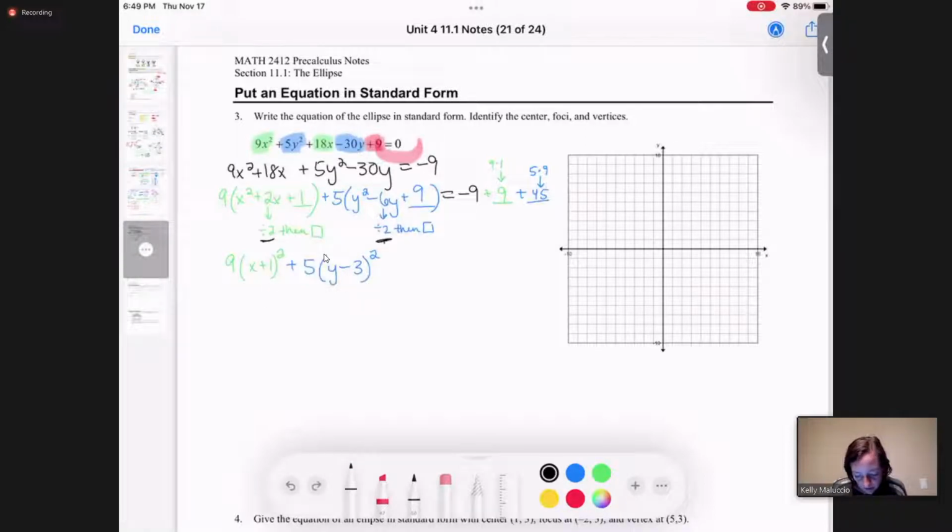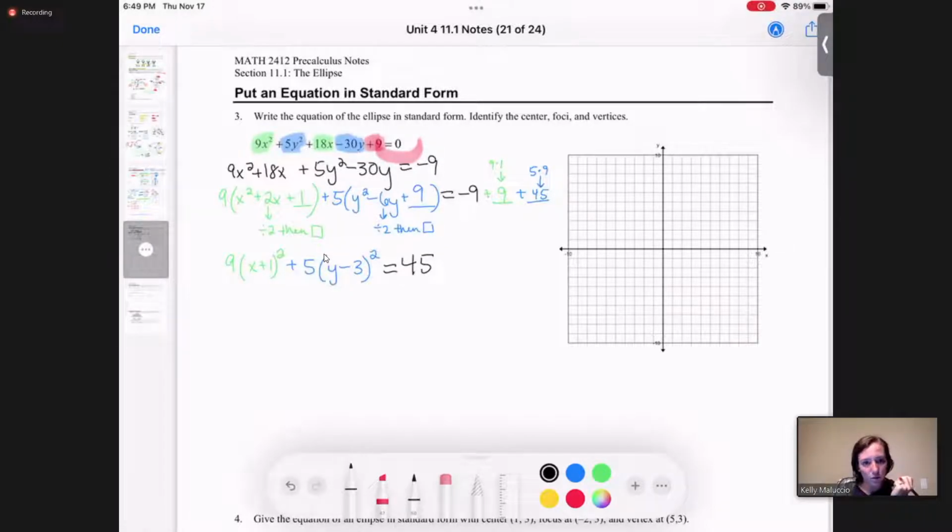It does work out that way, but you could also just factor. You could look at what you got here and factor it. It's x plus 1 squared. What you got here, it's y minus 3 squared, right? And then we have equals -9 plus 9 is nothing, and then plus 45 is 45.